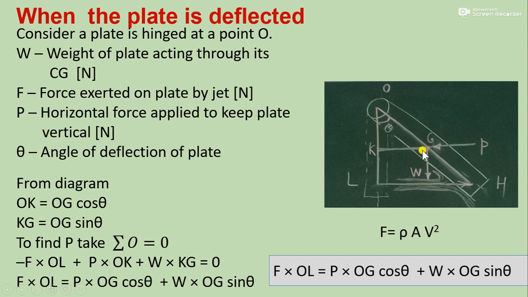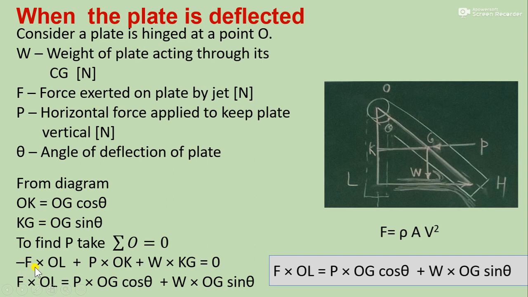In this triangle, if we take cos theta, then we have the relation for OK. OK is equal to OG cos theta. And KG is OG sin theta. Now similarly, we take the summation of moments due to all forces about the point O equal to 0, with the same sign convention as discussed earlier.